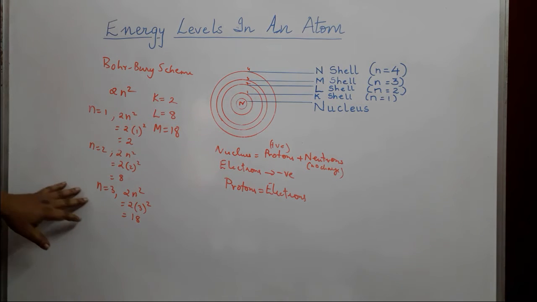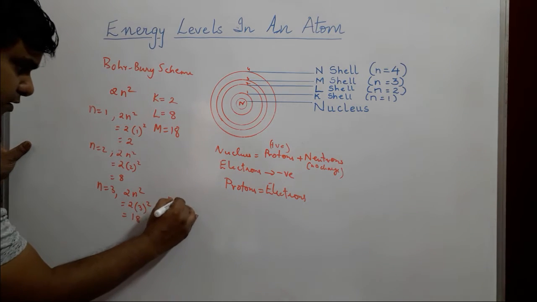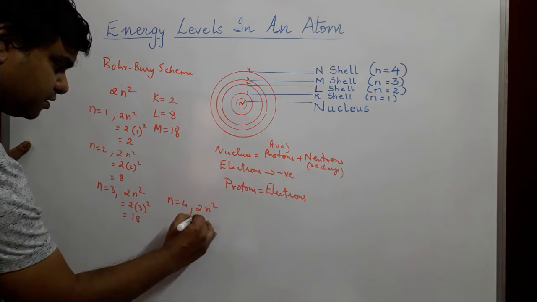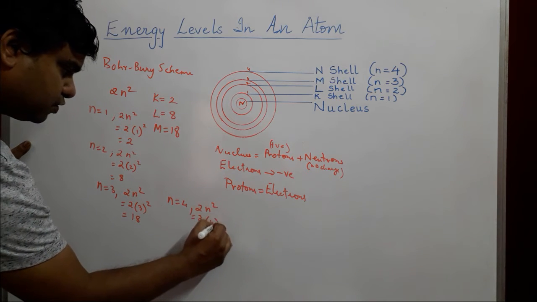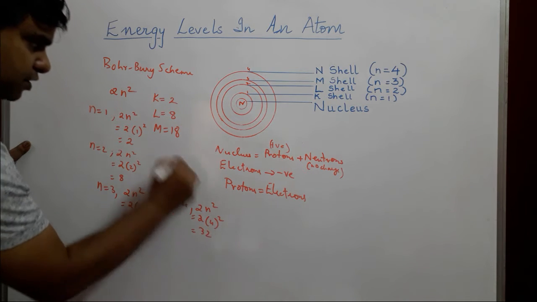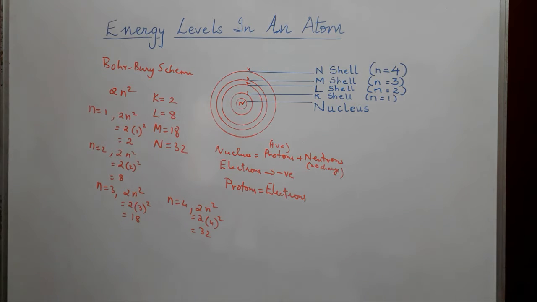And finally, what about n equal to 4? So I'll do it over here. So we have 2n square, you can say 2 into 4 whole square. 4 whole square is 16, 16 into 2 is 32, which means N has space for 32 electrons.